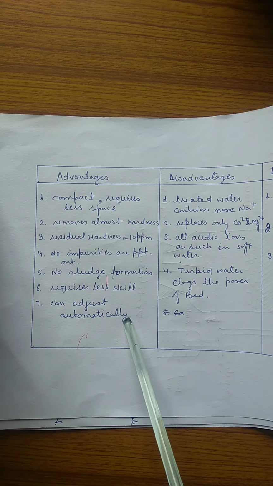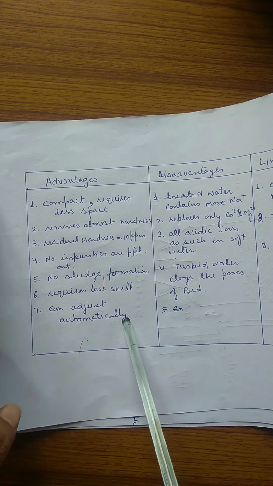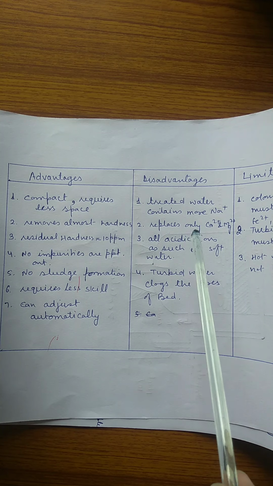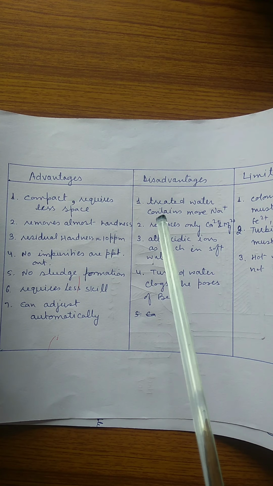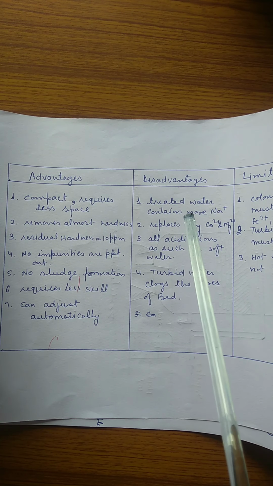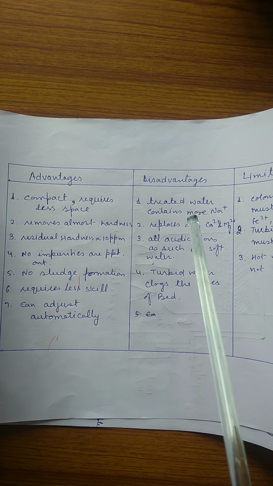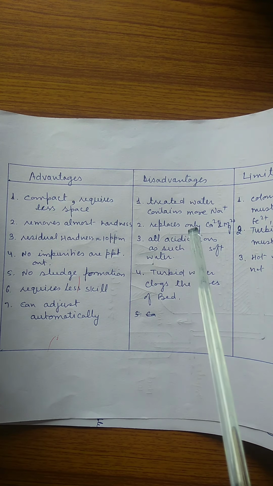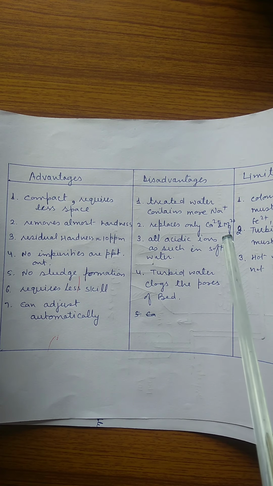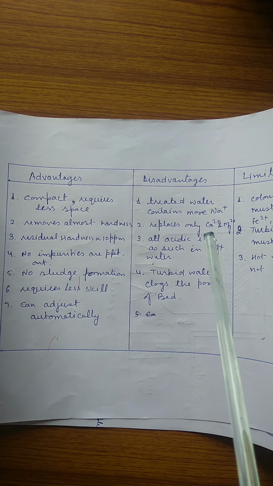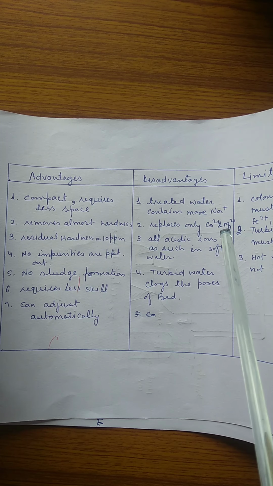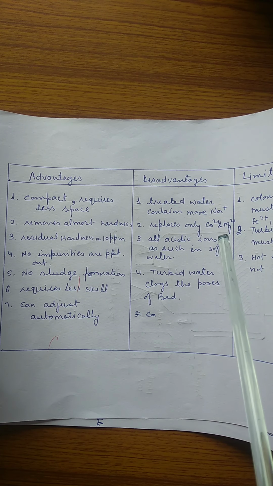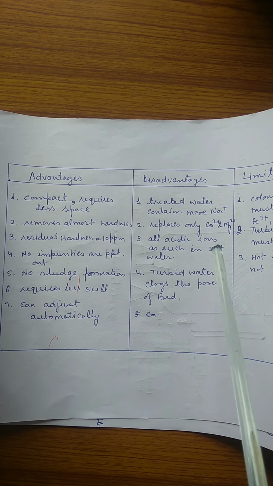Then what are the disadvantages? Treated water contains more sodium ions, which means the water coming out is rich in sodium ions. It replaces only calcium and magnesium ions, so it doesn't help remove ferrous, aluminium, manganese and other heavy metals.